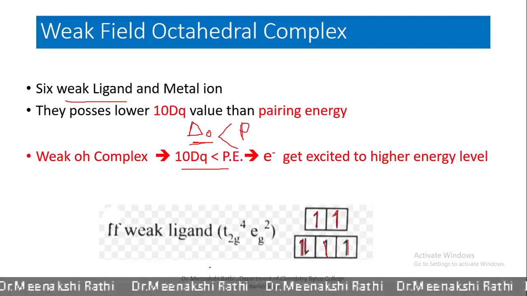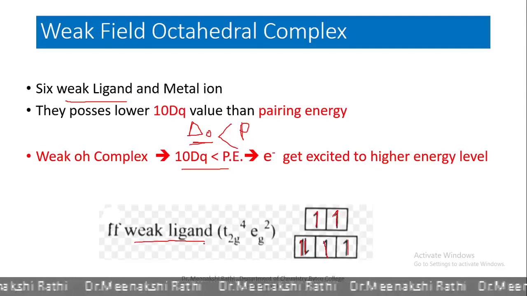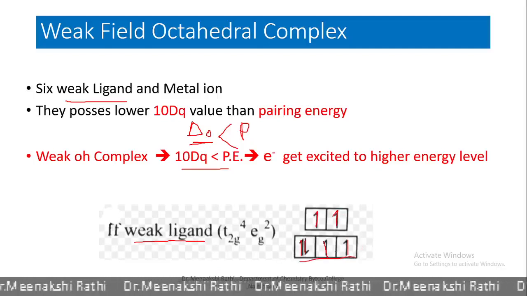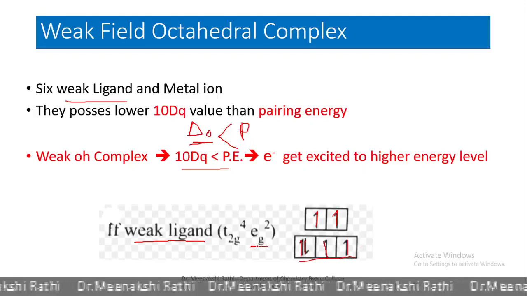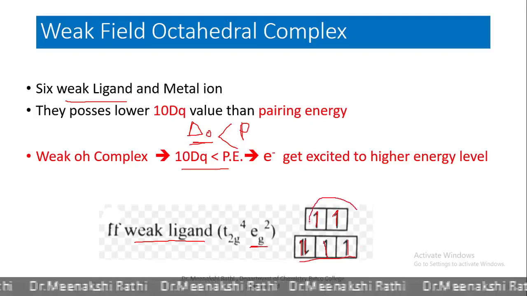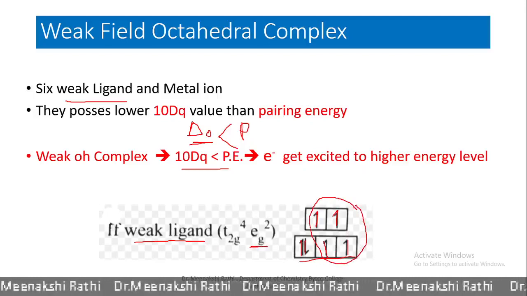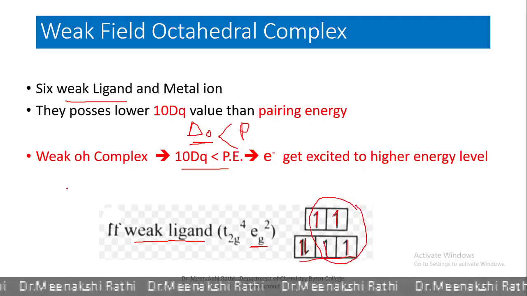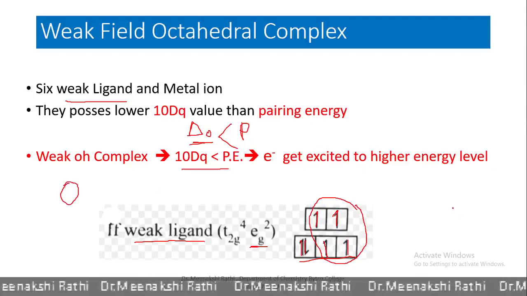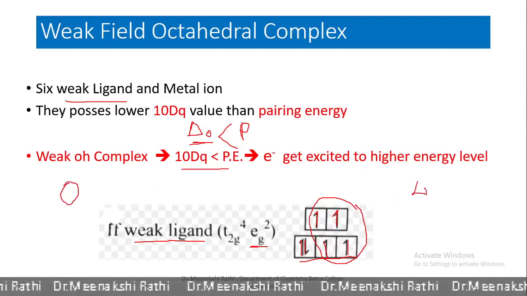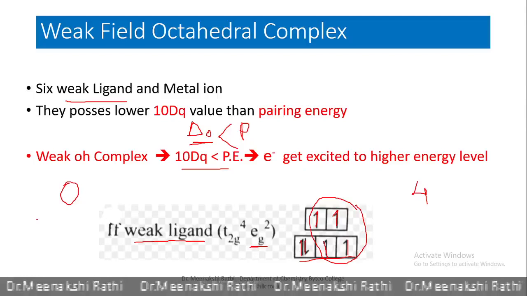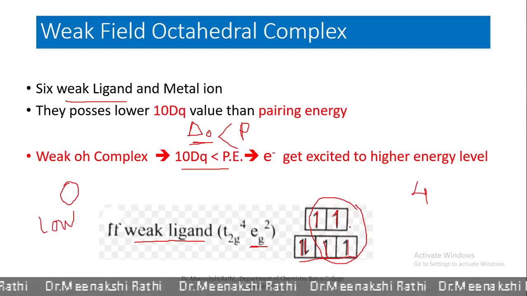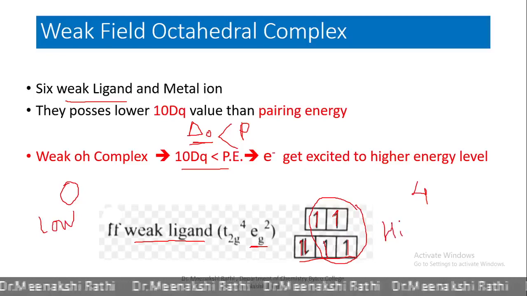So in case of weak ligand, the electronic configuration for 6 electrons will become t2g4 eg2. That means there are 4 unpaired electrons. In strong ligand field, there were 0 unpaired electrons, but in weak ligand field, there are 4 unpaired electrons. So it is the low spin complex, but this is high spin complex.